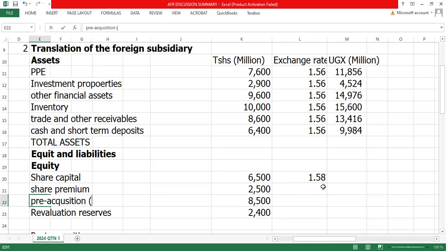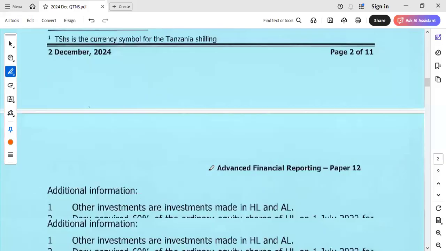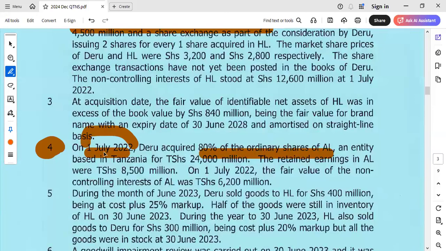Because we are using the exchange rate at what? At acquisition date. We ask ourselves, what was the retained earning at acquisition date? So you check in the question here: on 1st July 2022, they acquired 80% of shares of AL. And what was the retained earning as at that date? 8,500.